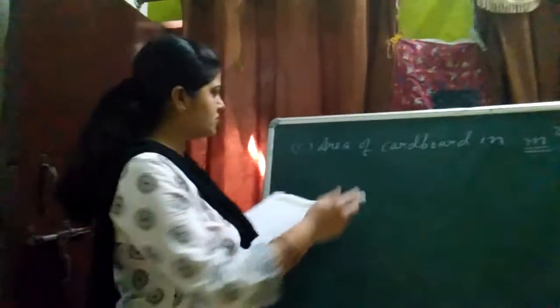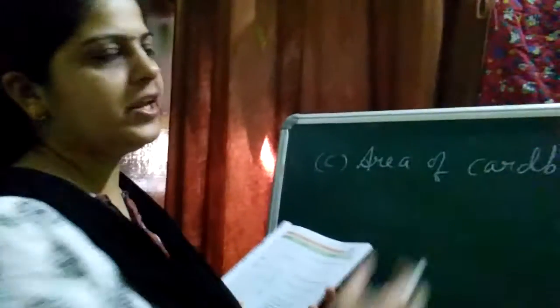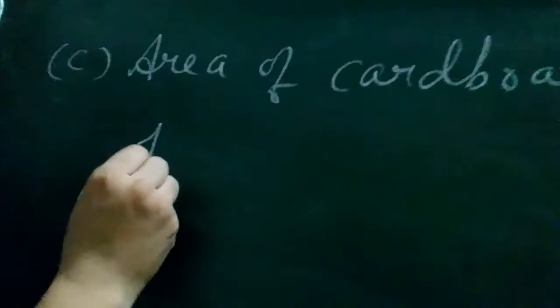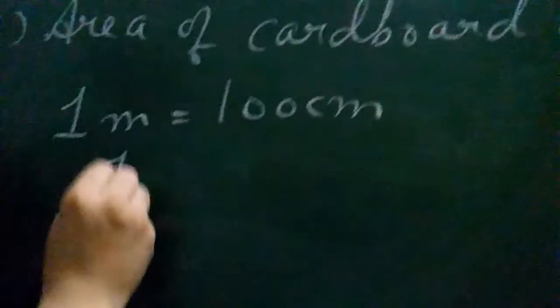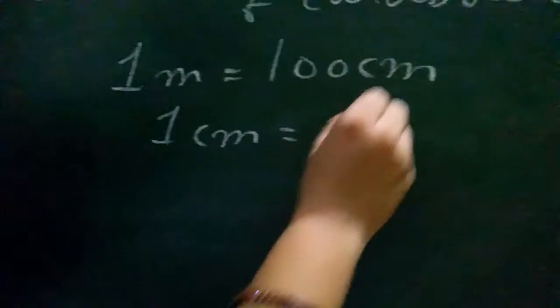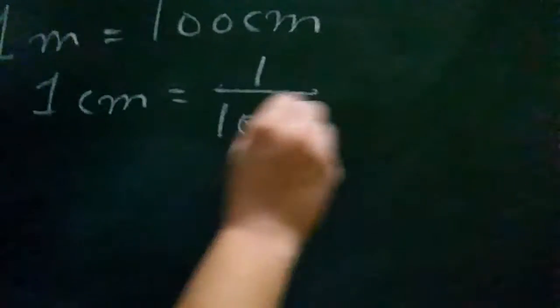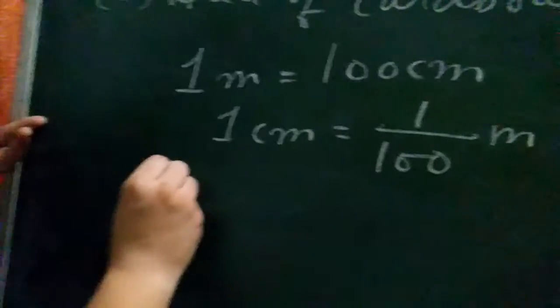Now let's move to C part. Now we have to find the area of the cardboard in meter square. So here you know 1 meter is equal to 100 centimeter, and 1 centimeter is equal to 1 upon 100 meter.